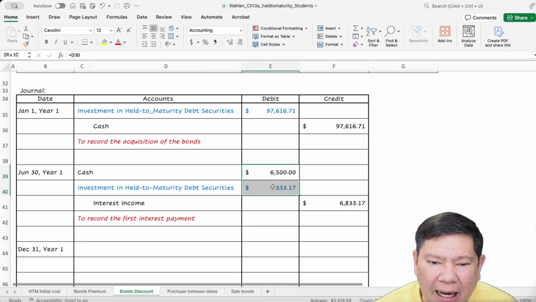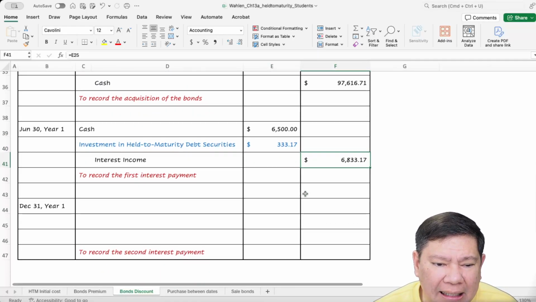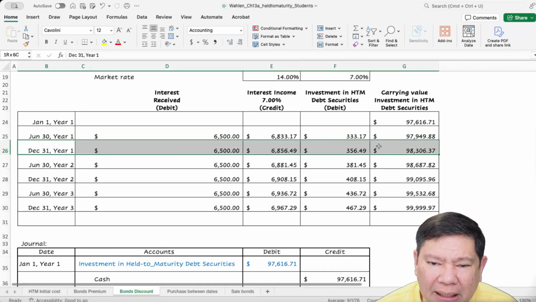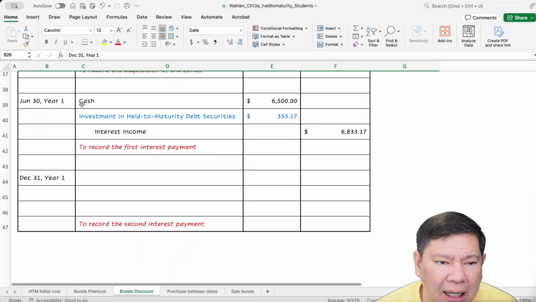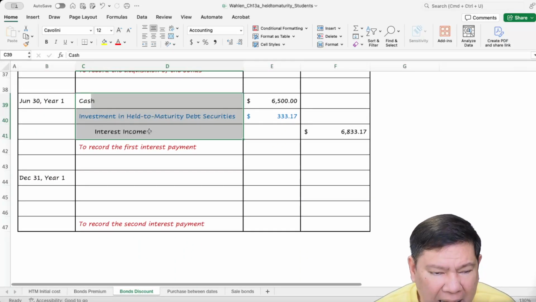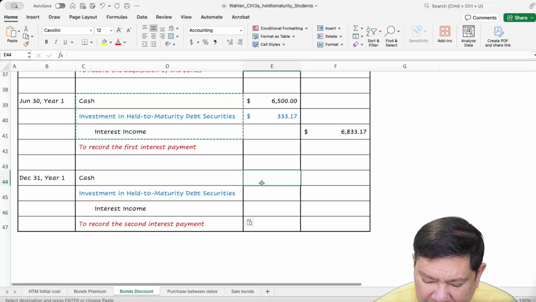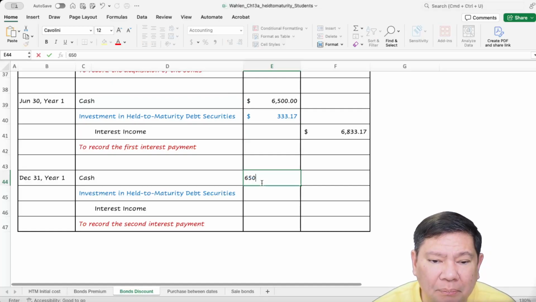Okay, so the left-hand side equals right-hand side. And then the second cash payment will be based on this information, the second 6 months. The journal entry will be, the accounts will be the same. The amount will be different for some of them.